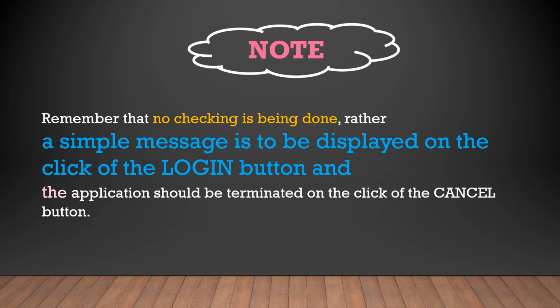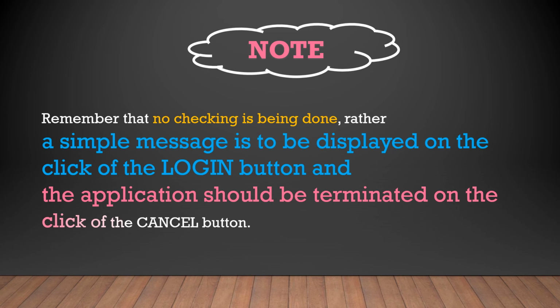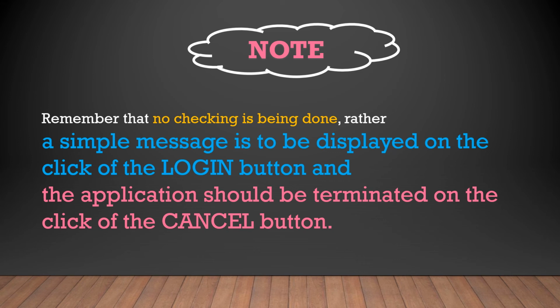And the application should be terminated on the click of the cancel button, as its name indicates that it is used to terminate the application, to end the application. So that is why we have to add only this much coding for both the buttons.